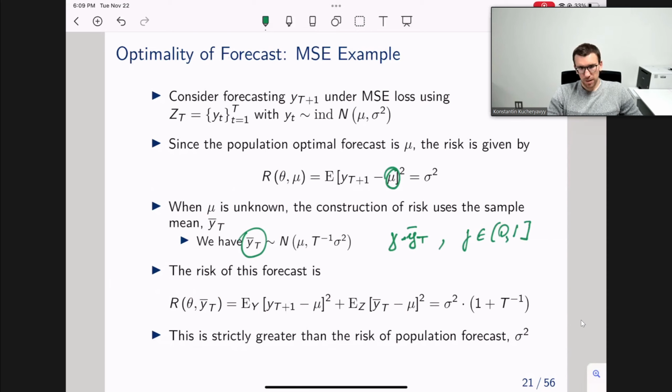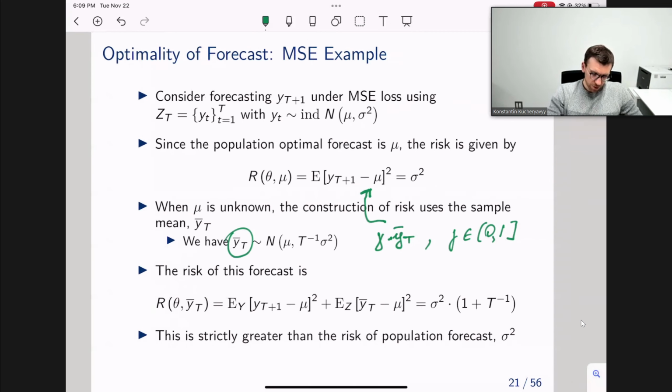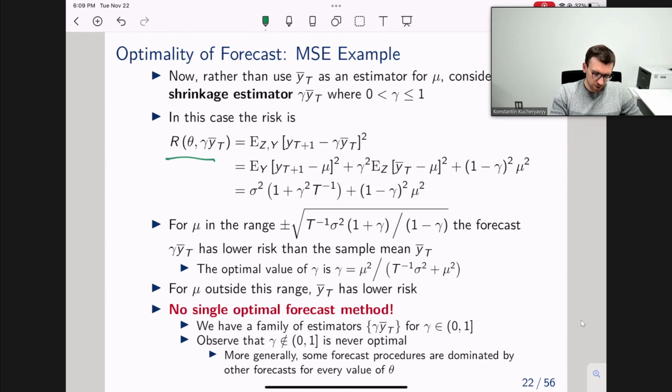Obviously, it's an inconsistent estimate of the mean. But let us see what would happen if we use this one. Let us substitute this as an estimate of the mean into the risk. So it's calculated here. We can calculate it here.